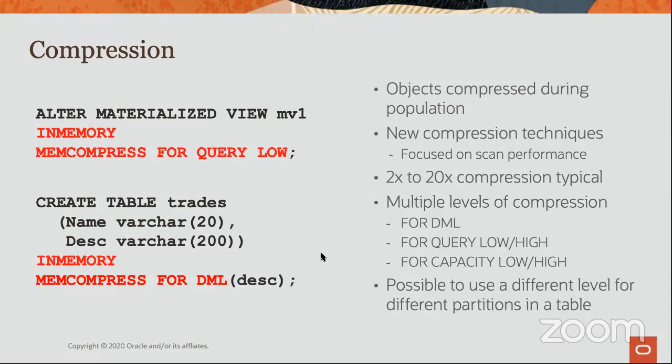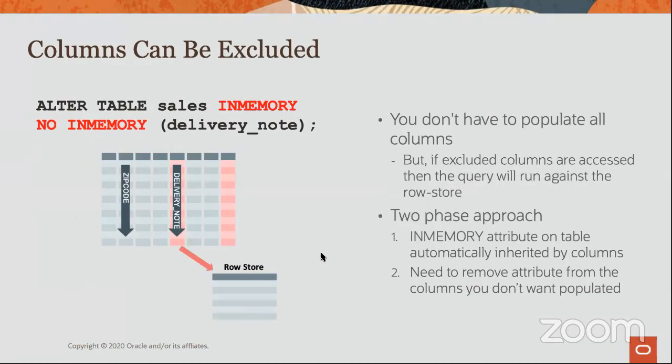And so how do you maximize the memory footprint that you do have to allocate to the column store? So I mentioned compression. There are multiple levels, and again, 2 to 20x, and you can specify for individual columns different levels of compression, or you can actually exclude columns from the column store.